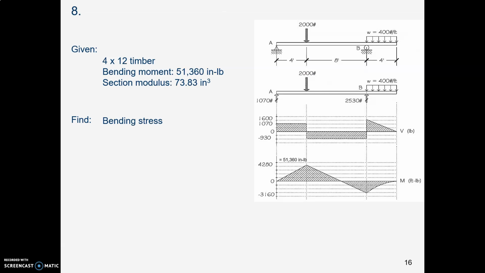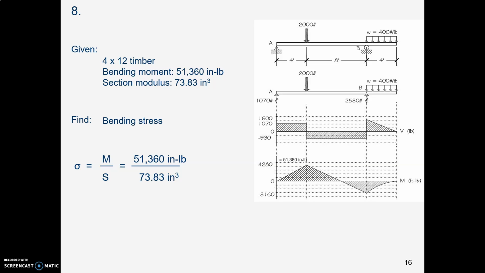Let's find the bending stress. And by now you're kind of an old hand at doing this. You know that your simplified flexure formula just says moment divided by section modulus. That'll give you the stress. So let's plug in those numbers. Moment divided by section modulus.